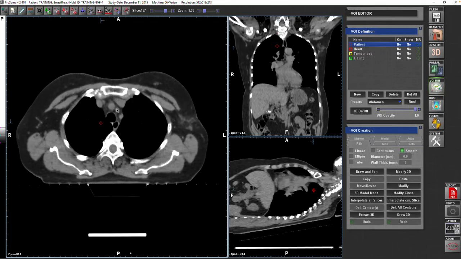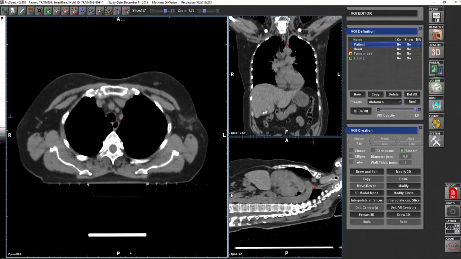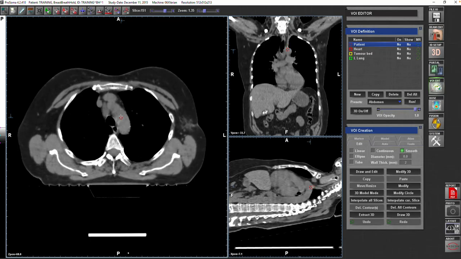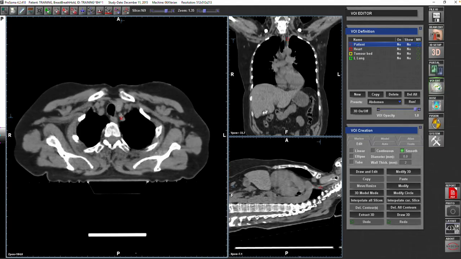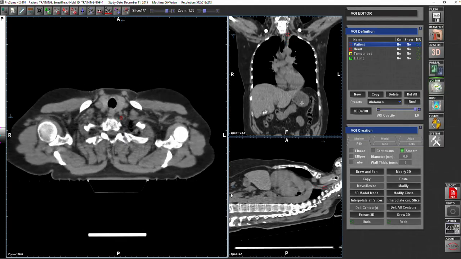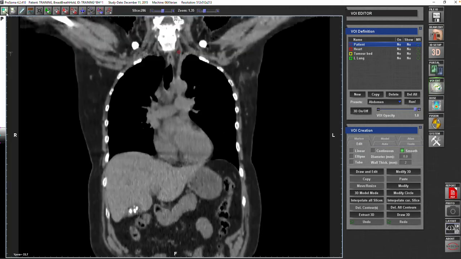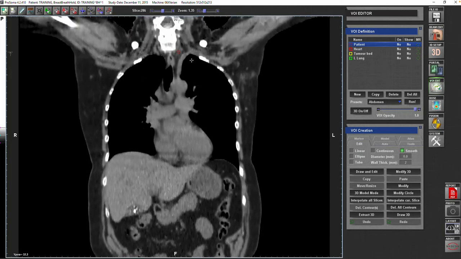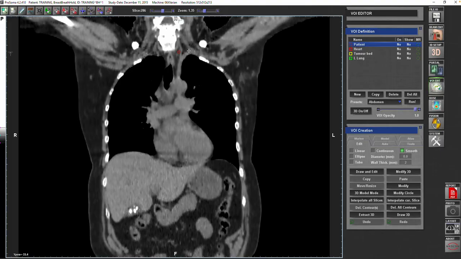So the first step is to familiarize yourself with these three branches, and then you can follow the left one upward, and you will see what we call the arch of the subclavian artery. This is very important in target volume delineation, because we start our CTL4, the supraclavicular region, just above the subclavian arch.